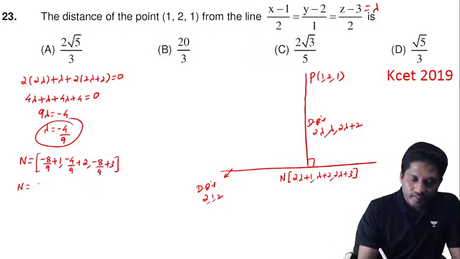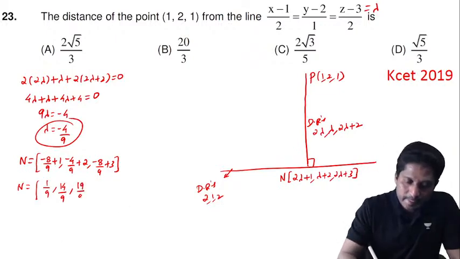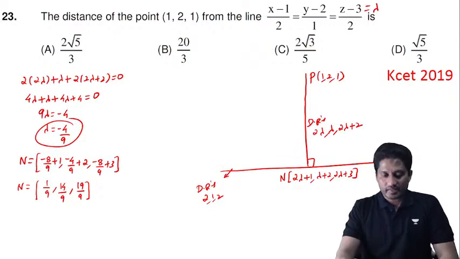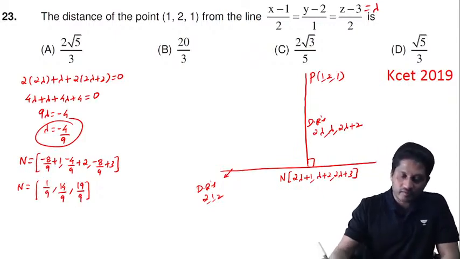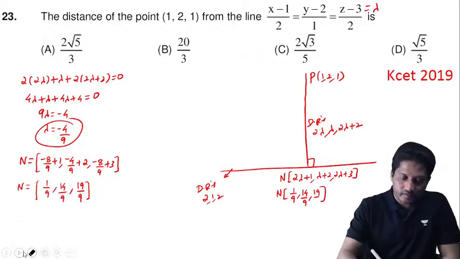So the foot of the perpendicular will be 1 by 9, 14 by 9, and then 27 minus 8, 19 by 9. 9 threes are 27, 27 minus 8 is 19, so this is 19 by 9 only. So N is equal to 1 by 9, 14 by 9, and 19 by 9. I use the length of the perpendicular, the distance between the 2 points.